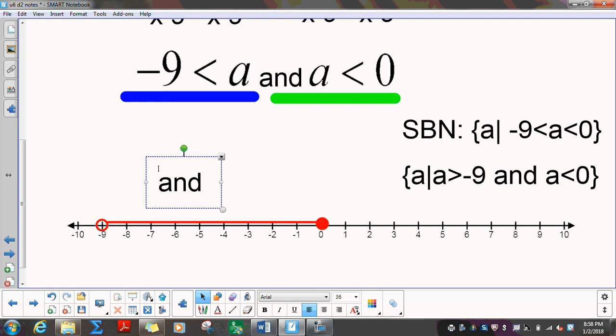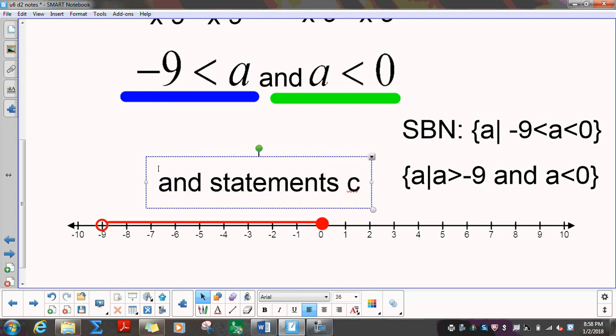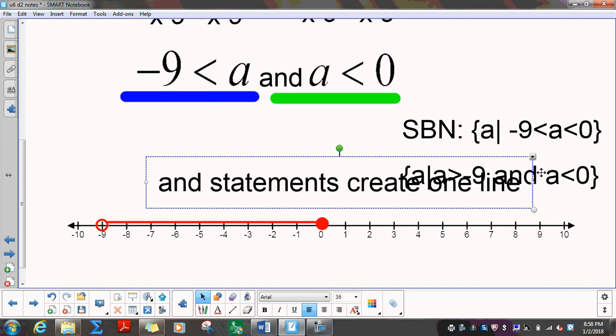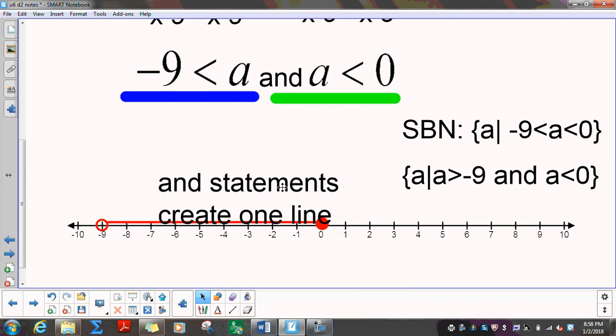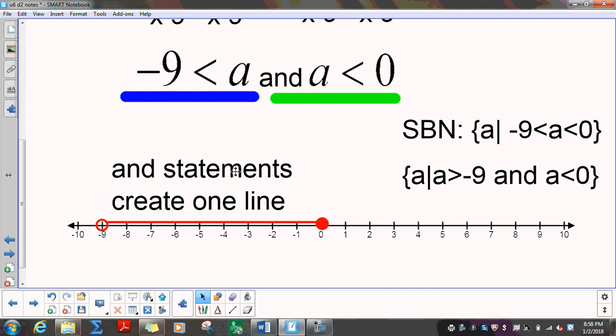And statements create one line. Okay? Set builder notation.